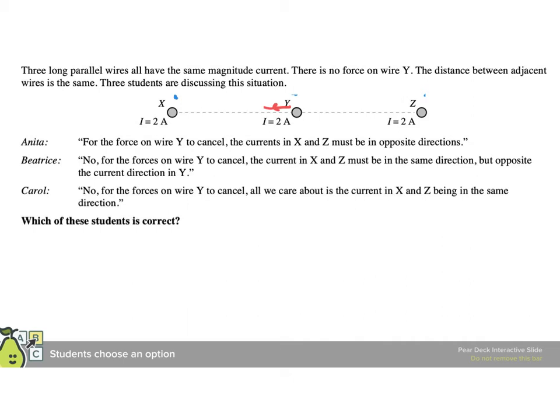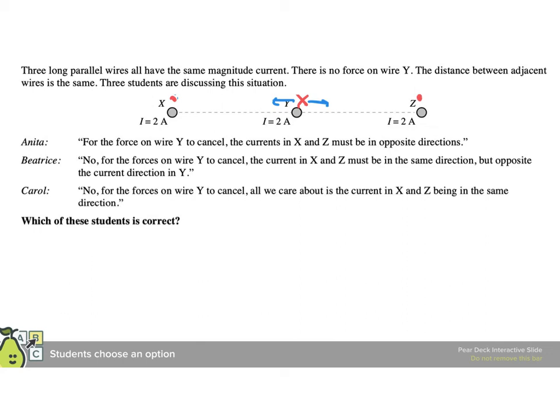So Anita can't be right. Let's instead say that X is out of the board, Z is out of the board, but Y is into the board. In that case, the force from X repels, the force from Z repels the other way, and that can cancel. So Beatrice is certainly not obviously wrong.